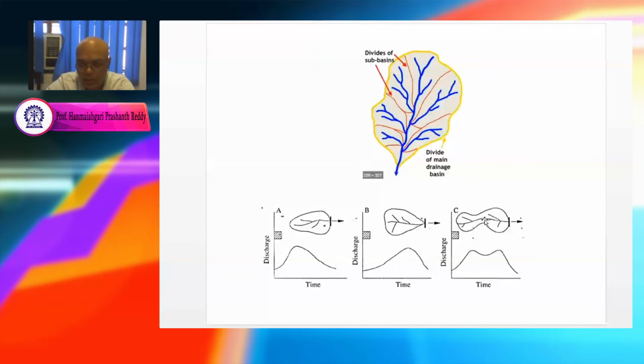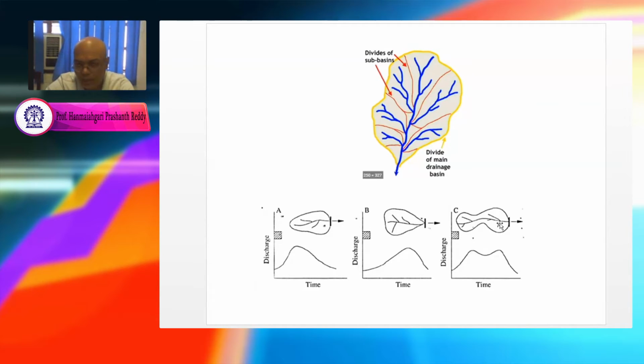because the storm stopped. This is a storm which gives this flood hydrograph. This storm is not a continuous storm, it occurred only for some limited time, due to which first the area close to the outlet gives the first peak.